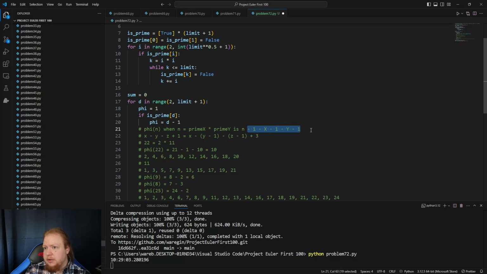So it's really, if I'm remembering how to do algebra correctly, all of these minus 1s can be added up into minus 3.